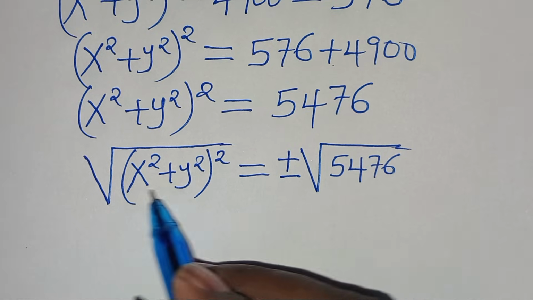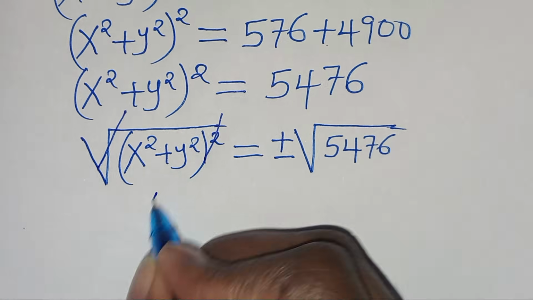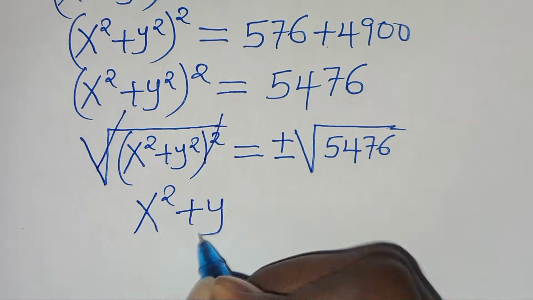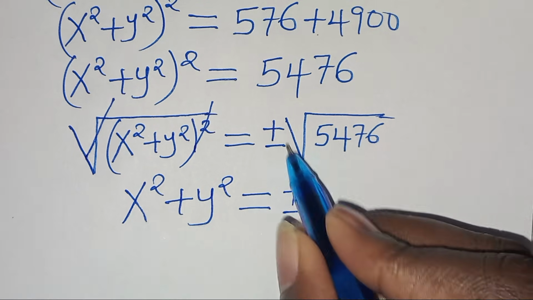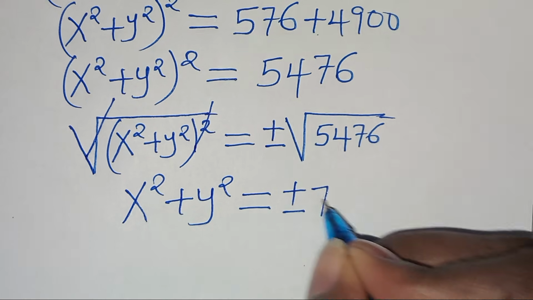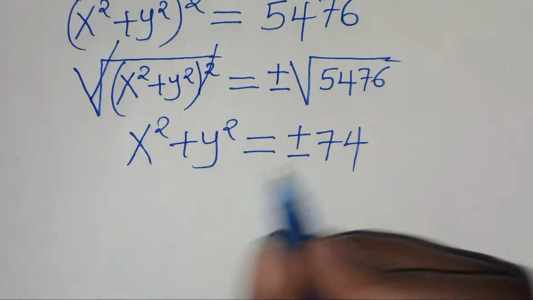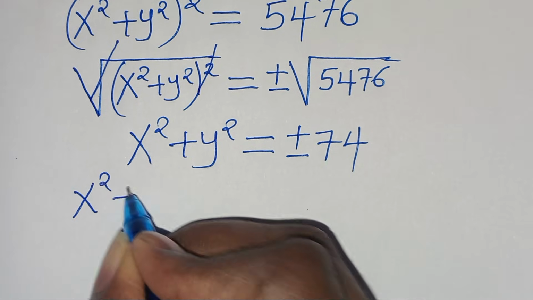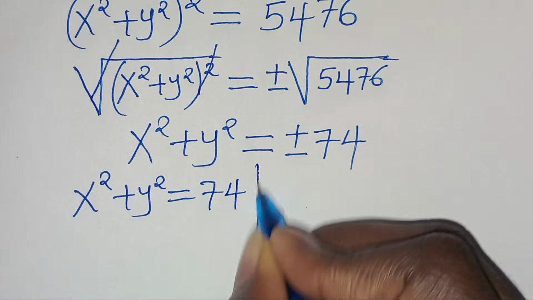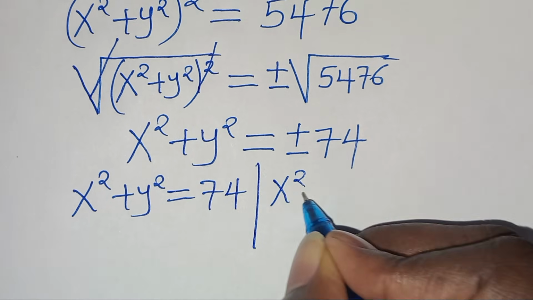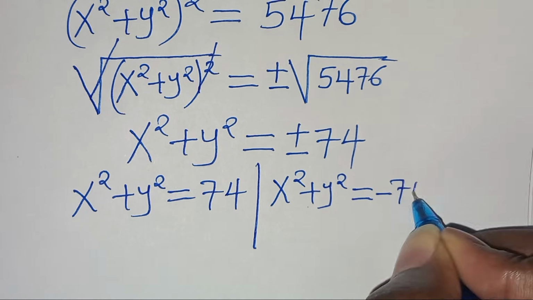And this implies that we can eliminate the square root, so that now x squared plus y squared is equal to plus or minus the square root of 5476, which is 74. So from here we have two values of x squared plus y squared: x squared plus y squared is equal to 74, and x squared plus y squared is equal to minus 74.